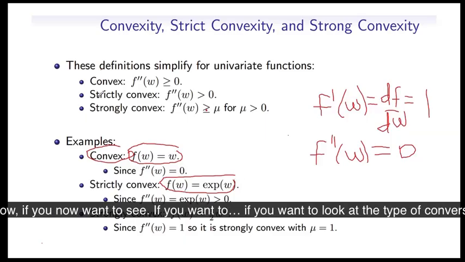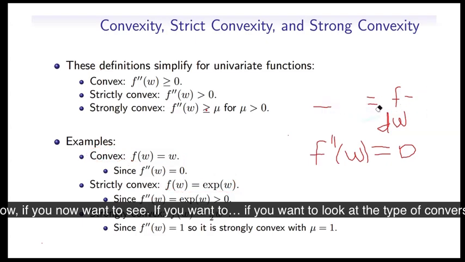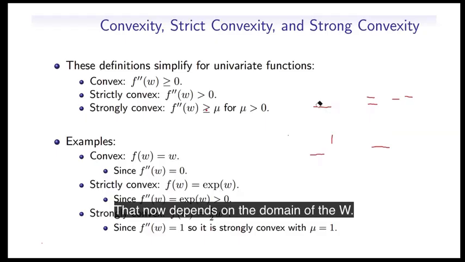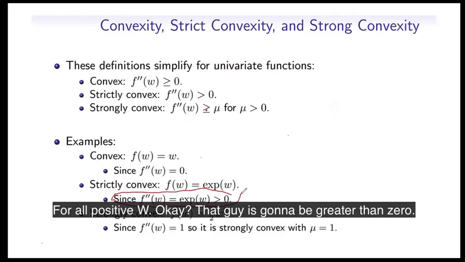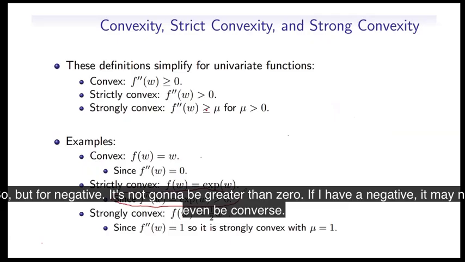Now, if you want to look at the type of convexity, that depends on the domain of w. For all positive w, this is going to be greater than 0. But for negative, it's not going to be greater than 0.